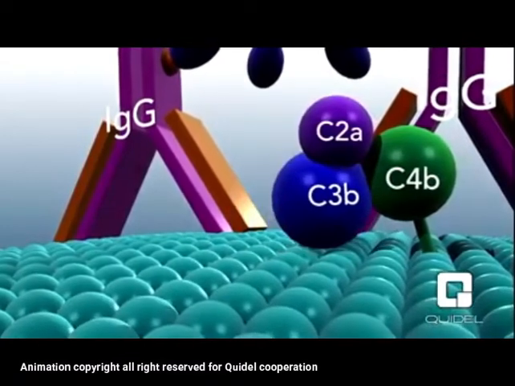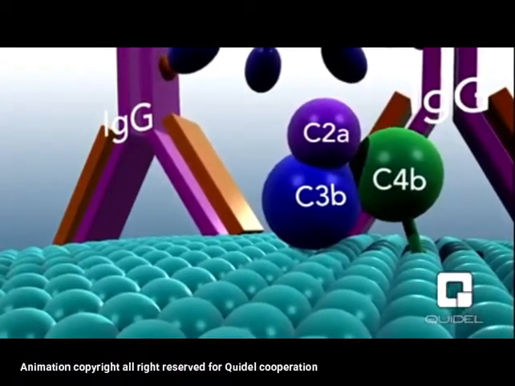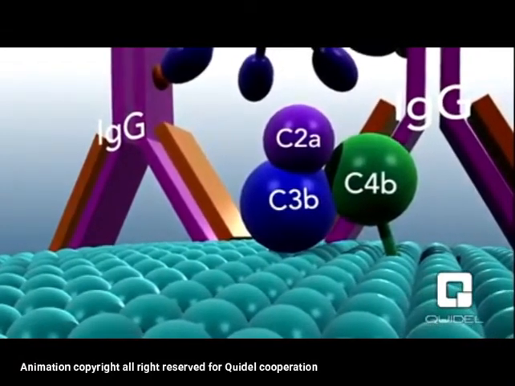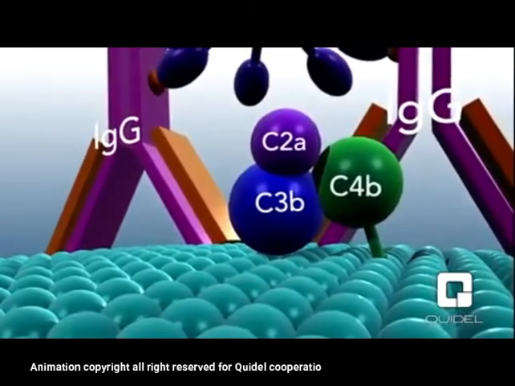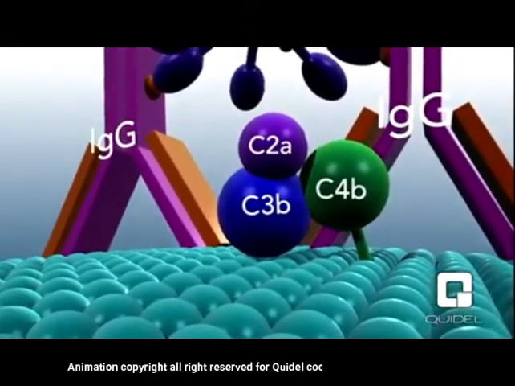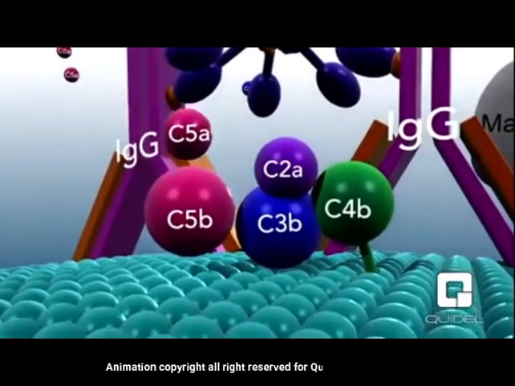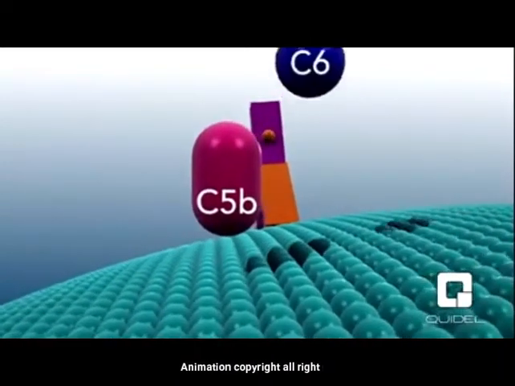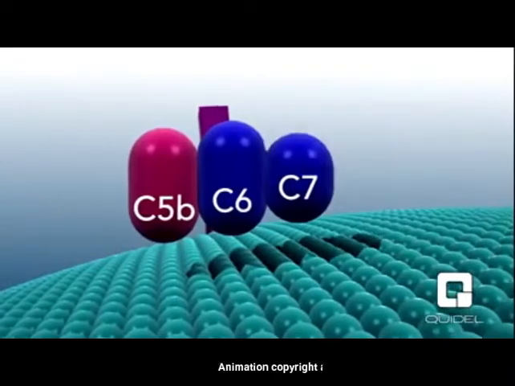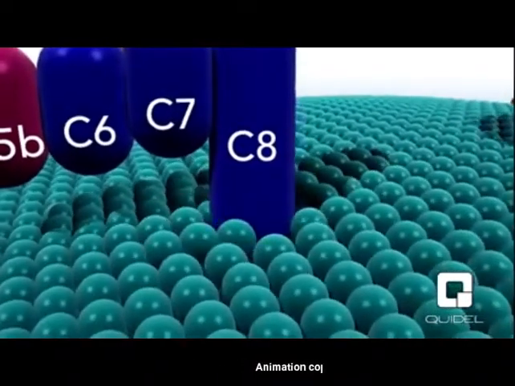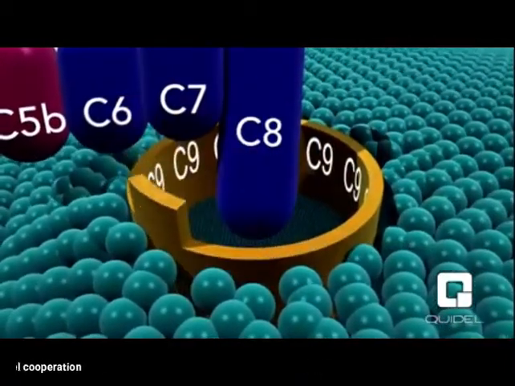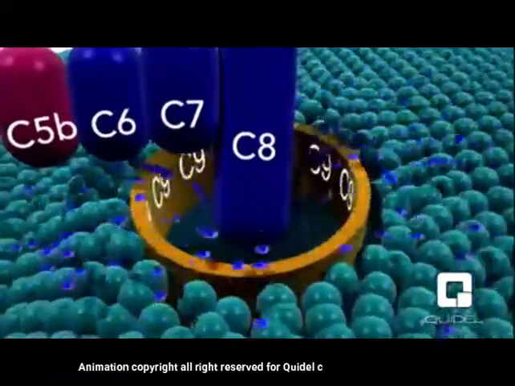So the C3 convertase joins with C3b to form C5 convertase, which has the ability to split C5. The membrane attack complex is formed from C5 to C9 proteins. This will lead to holes in the cell membrane, leading to osmotic lysis. Water and small molecules will come inside the pores, leading to lysis of the RBC.